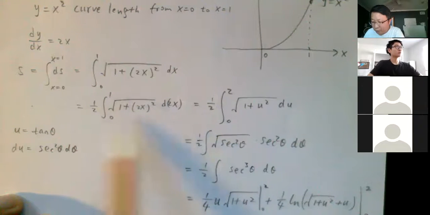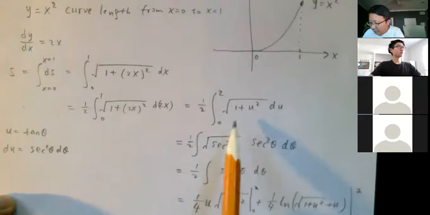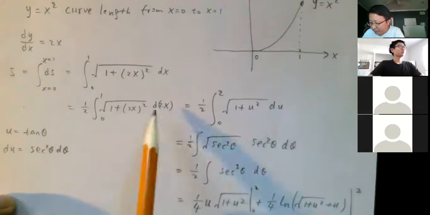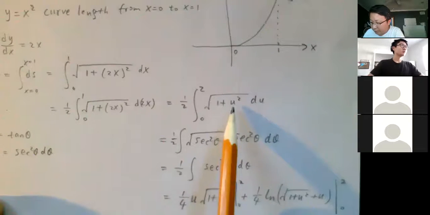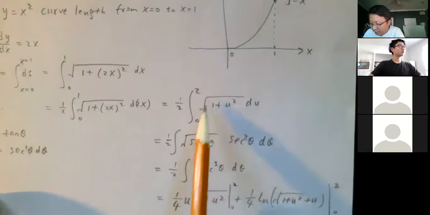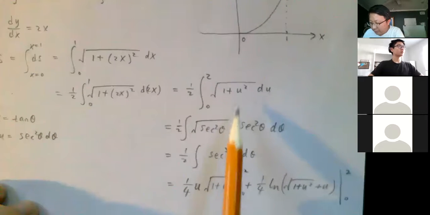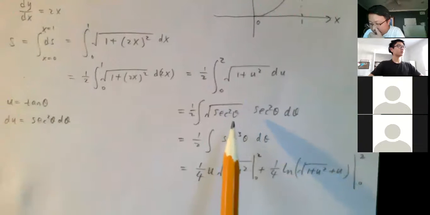Trying to do this integral is not easy. It is a much harder integral problem compared to the other one. We do the same thing: we use u equals 2x, and it becomes the square root of 1 plus u squared du. Then we have to use trigonometric functions to help us.